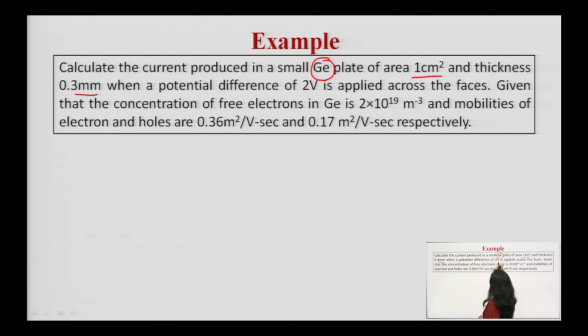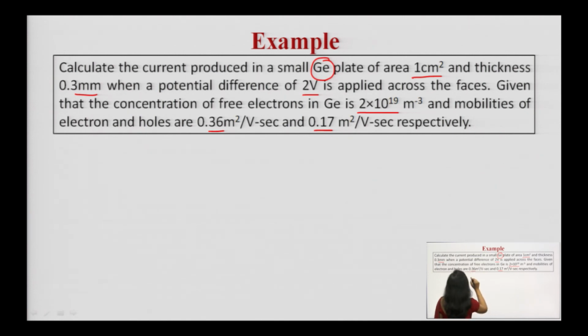A potential difference of 2 volt is applied across the faces. Given that the concentration of free electrons in germanium is 2 into 10 raised to the power 19 per meter cube and mobilities of electrons and holes are 0.36 and 0.17 respectively. So, what do you need to calculate here?